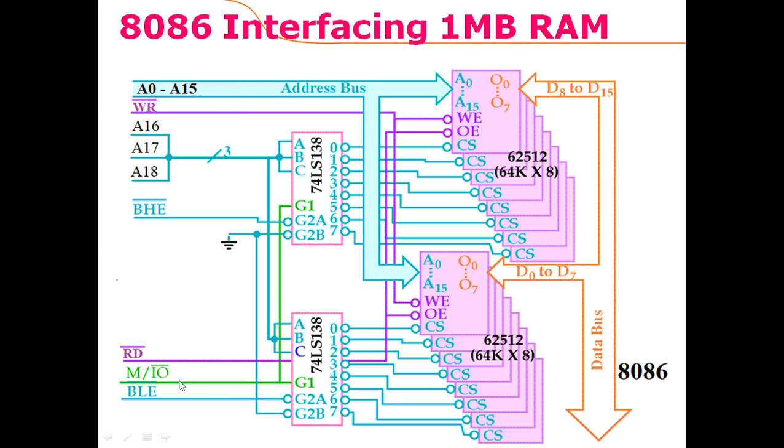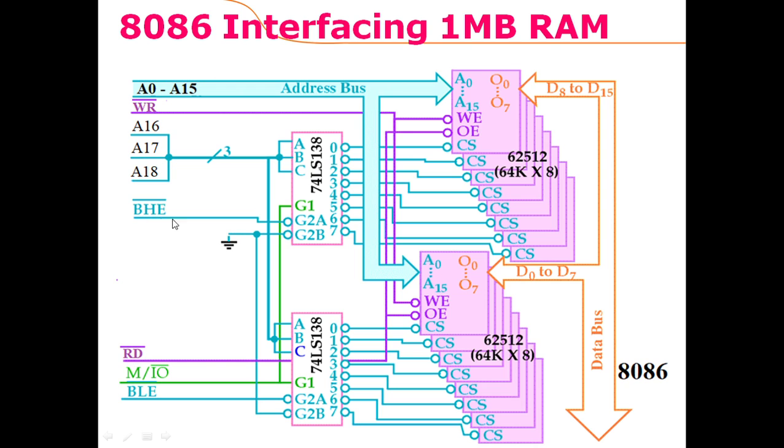So when a memory is to be accessed, a 1 is provided here, so G1 is 1. G2B of both decoders is connected with ground, so it is active low, and 0 is provided. So if bank high enable is 0, then G2A would be selected, and if it is 1, then this bank is not selected.